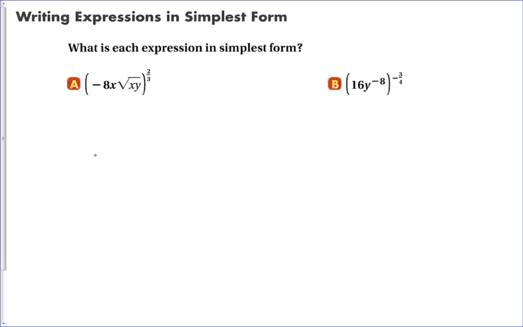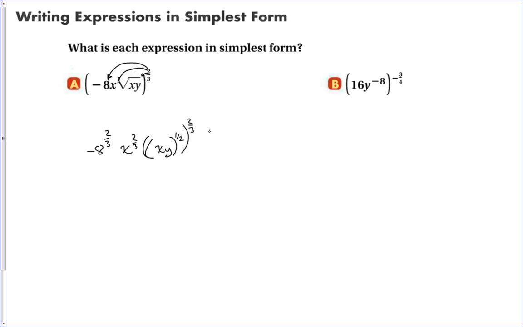All right, I'm only going to do one of these because this video is getting kind of long. If you remember, we have all of this raised to the 2/3. Well, what you can do is distribute this exponent into everything. So this is negative 8 raised to the 2/3, x raised to the 2/3, and x times y to the 1/2 raised to the 2/3.